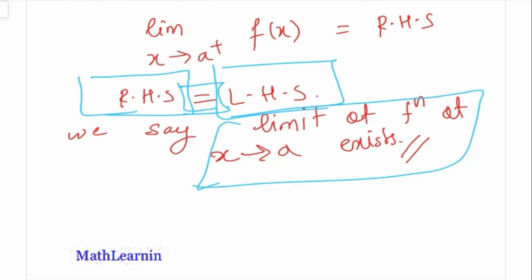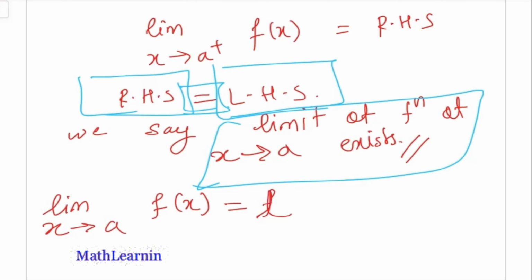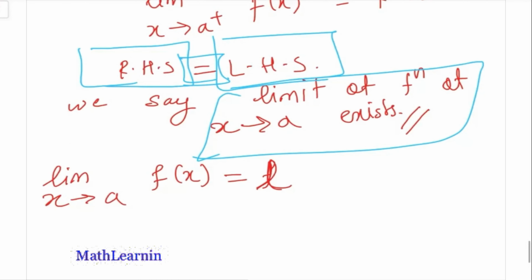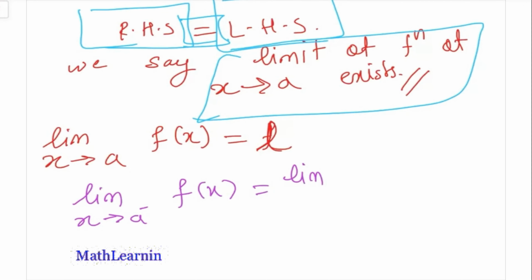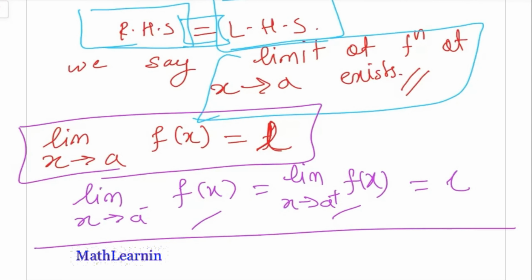So limit x tends to a of f of x is equal to, say, L, only if limit x tends to left of a and limit x tends to right of a both exist and are equal to L. This is called existence of limit.